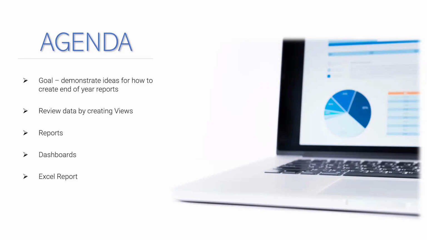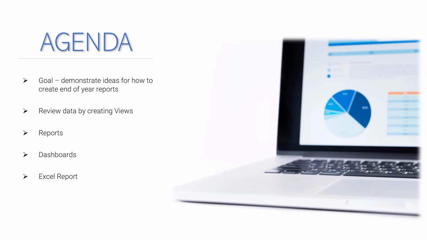And a lot of that information is probably going to come from your accounting system. But at the same time, a lot of it can come from ClaritySoft, depending on what you're tracking in the database. So today we're just going to look at some different types of reports that you can create and give you some ideas on how you can go in and set up these reports.